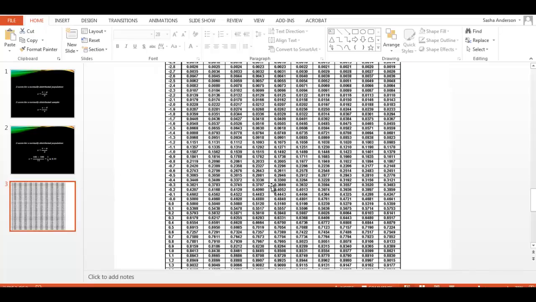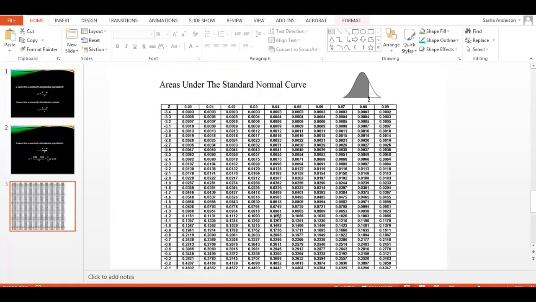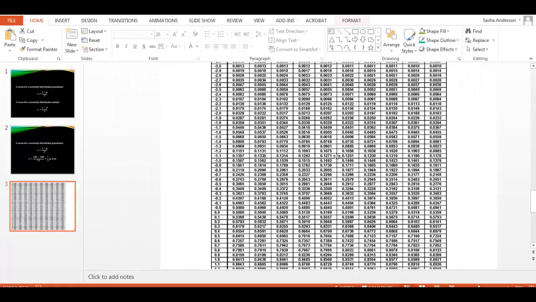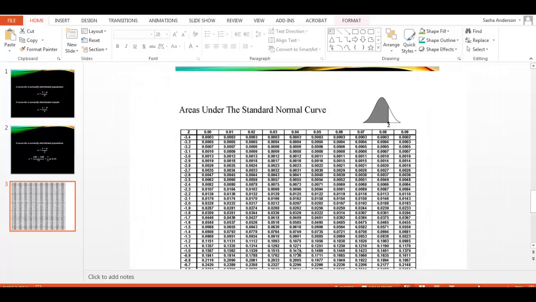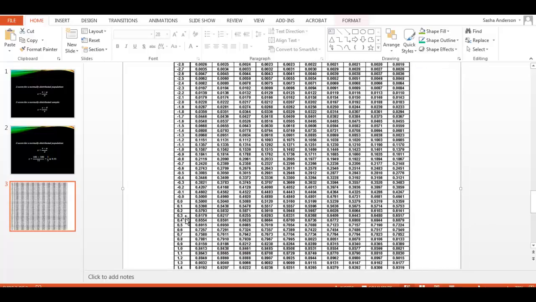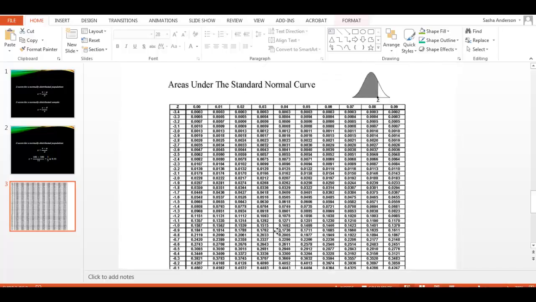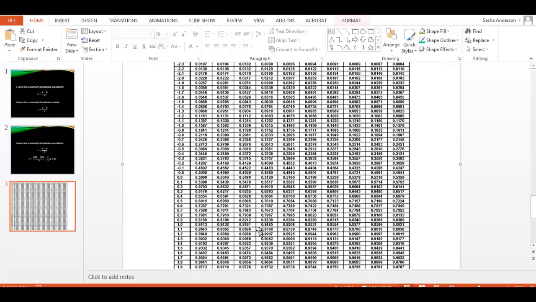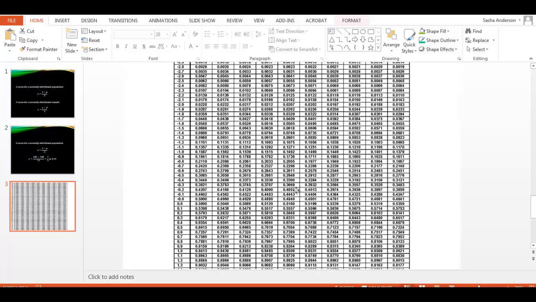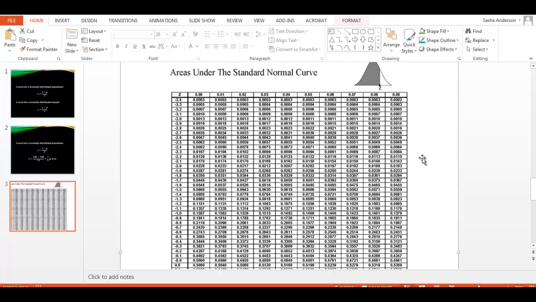That's what we would have to do if we were using a z-score chart, or the standard normal curve chart, and we would be going to 0.33, and we get 0.6293, which is approximately 0.63. It's not as accurate using the chart, but it works all right, especially to the nearest hundredth place.